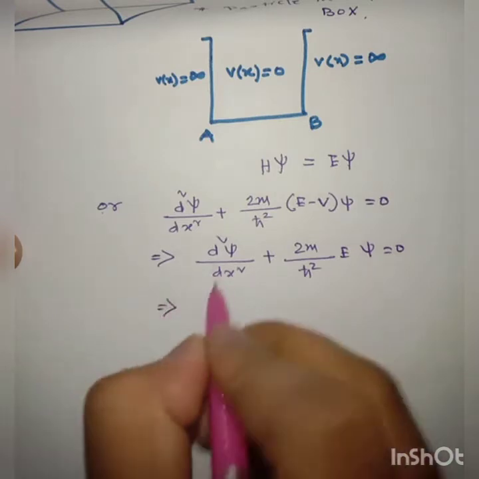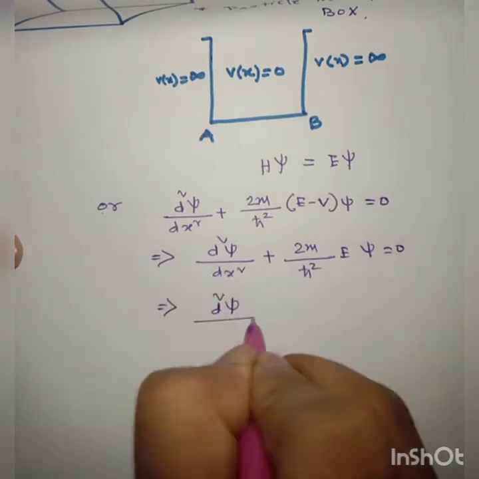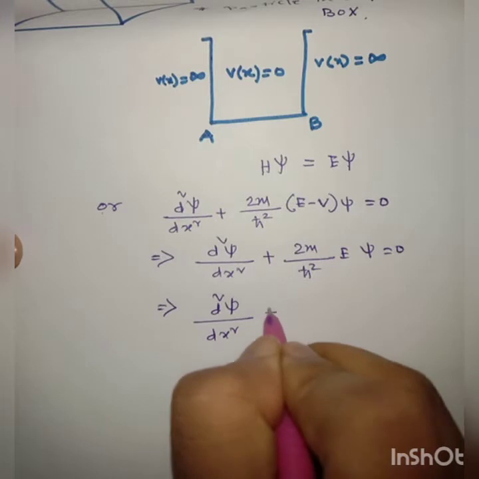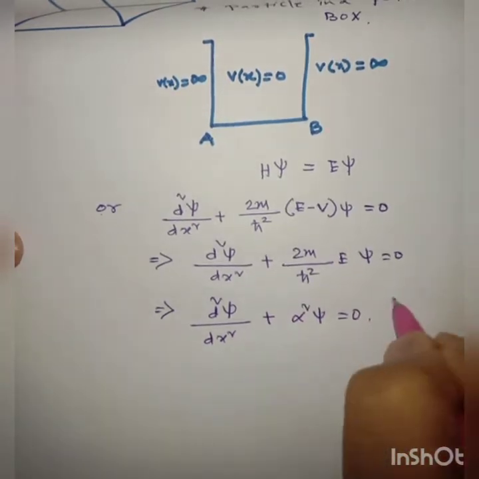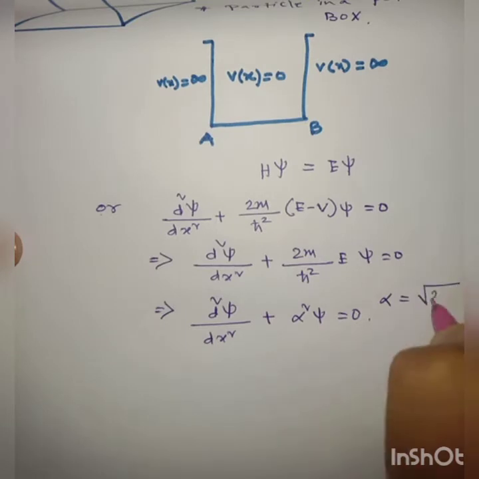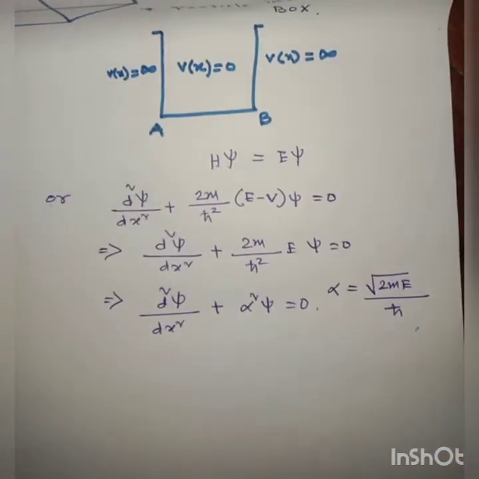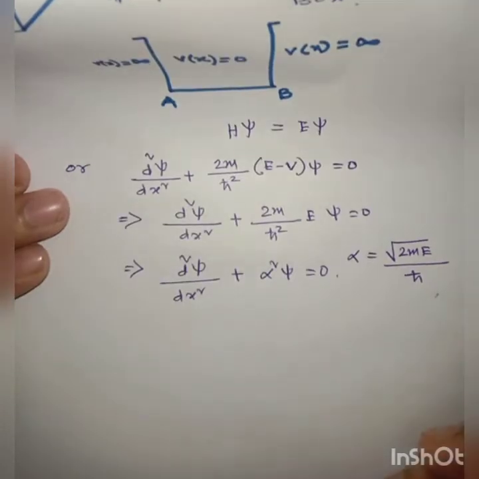As you can see, this is a second order differential equation, where alpha equals root over 2mE by ħ.